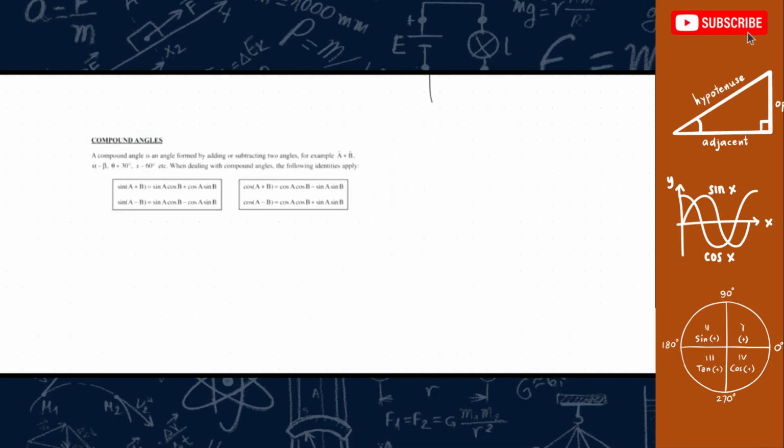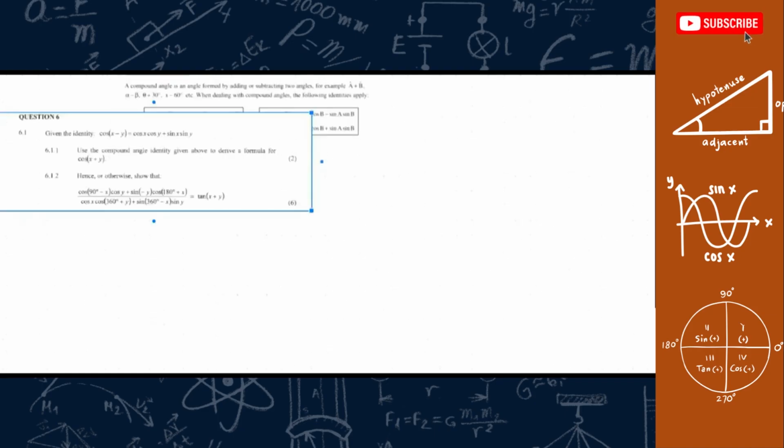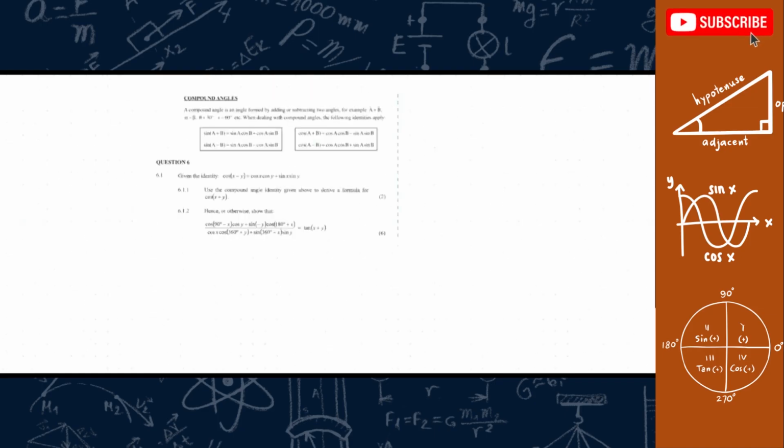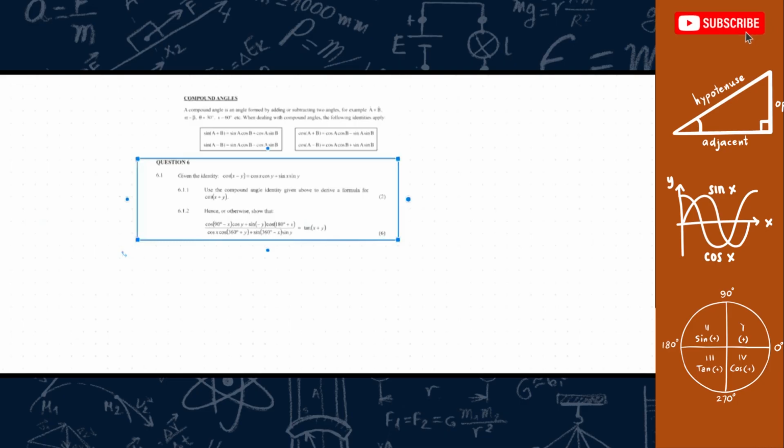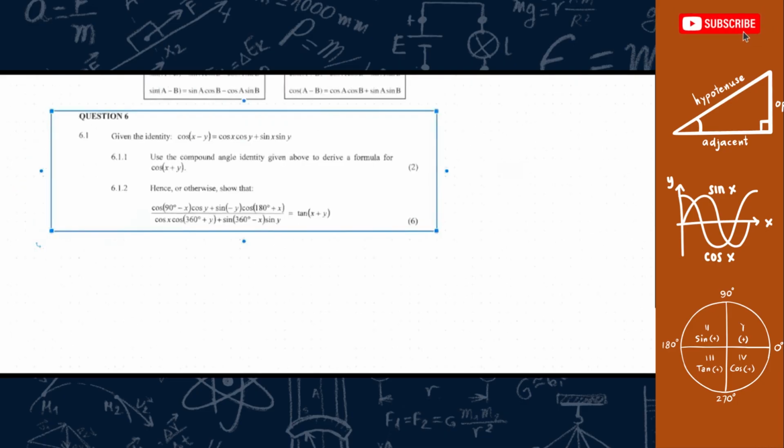They like to use it for just expanding, basically. I'm just going to show you a question that they got in the 2024 paper. They normally use it in this way. If they ask you the question, the symbols might be different, but this is the type of question that they like to stick to when it comes to the compound part.